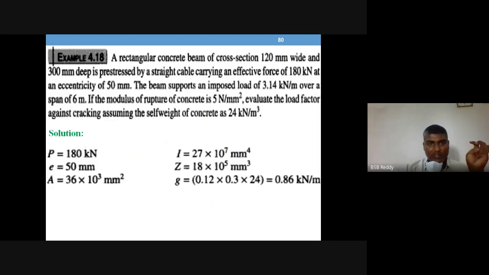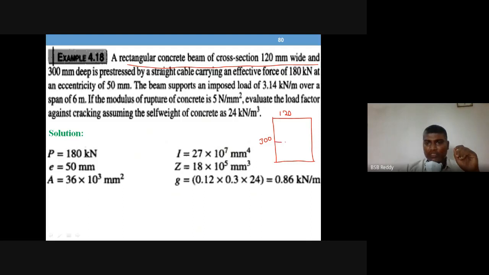Let us see an example of how this cracking moment is going to affect the different parameters. A rectangular concrete beam of cross section 120 mm by 300 mm is pre-stressed by a straight cable carrying an effective force of 180 kilonewton at an eccentricity of 50 mm.